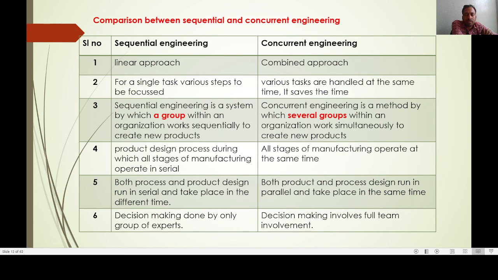Next is decision making, done only by a group of experts in a particular team. In the design team, the design head will finalize the design. In concurrent engineering, the decision making is done with the full team's involvement.